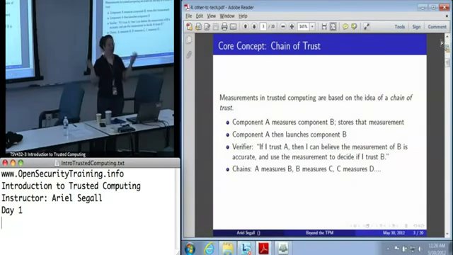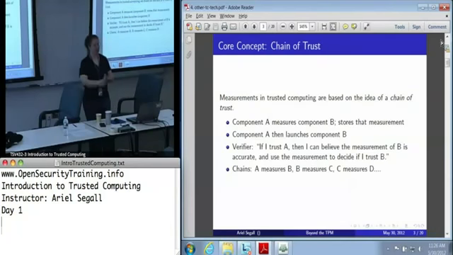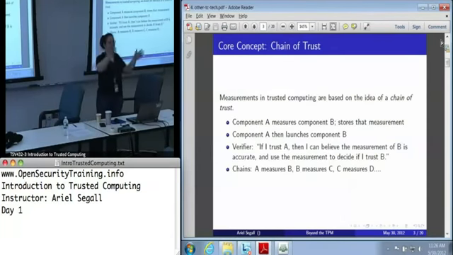So now I have a verifier who can say, if I trust A, then I trust A to have measured B correctly. By which I mean that the measurement means something, and that the B that it handed off control to is the one that it measured. So when I say accurate measurements, that's generally what I mean: it at least reflects the state of what started. So now I can look at that measurement and decide, do I trust B?